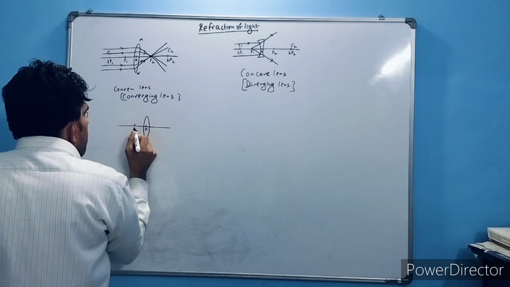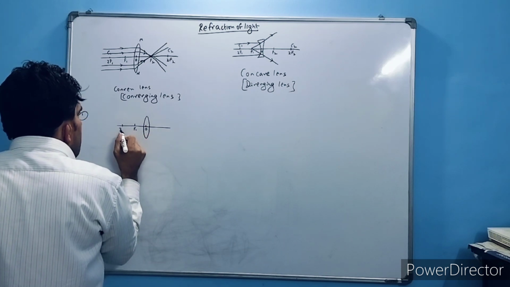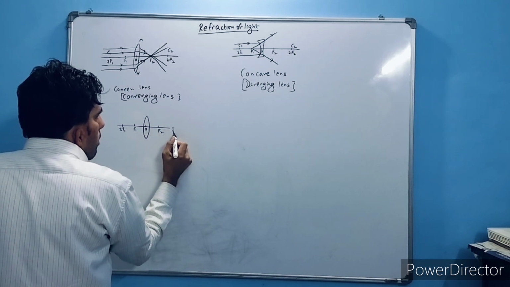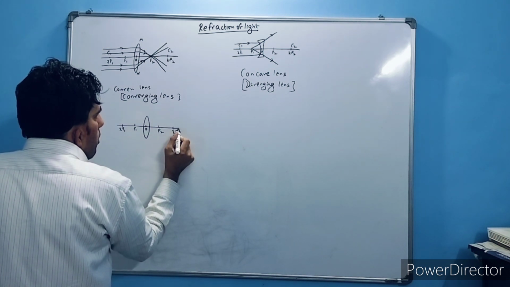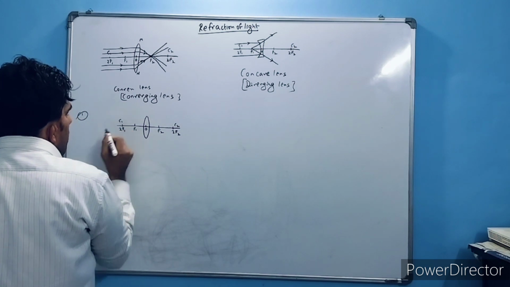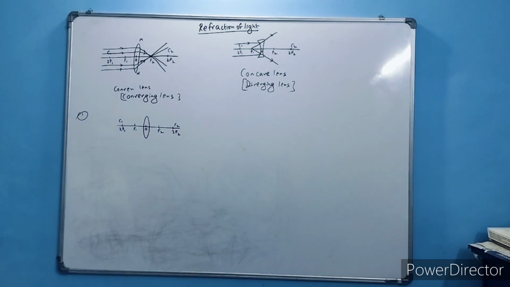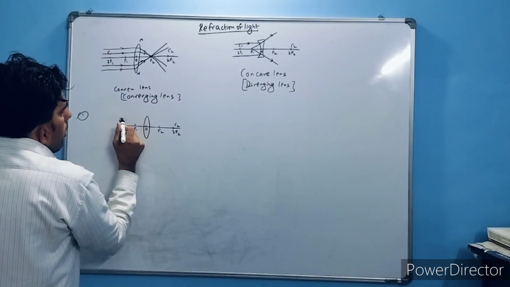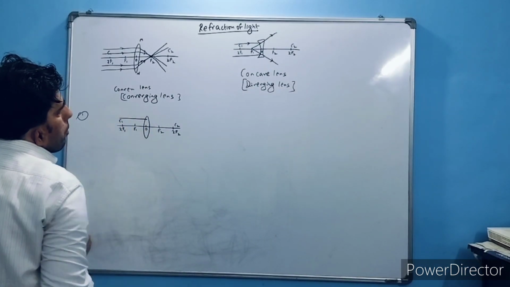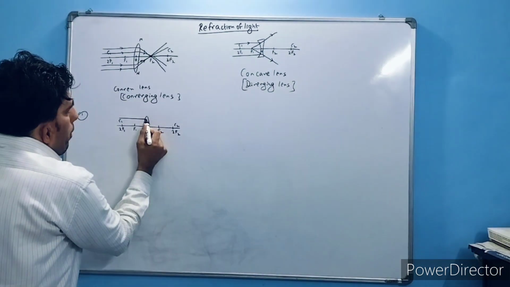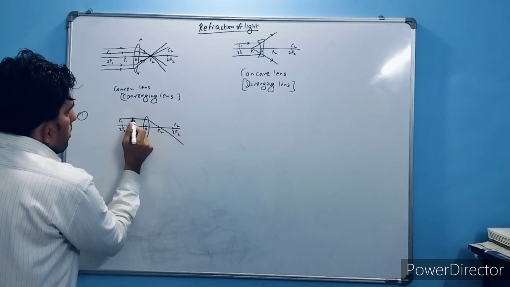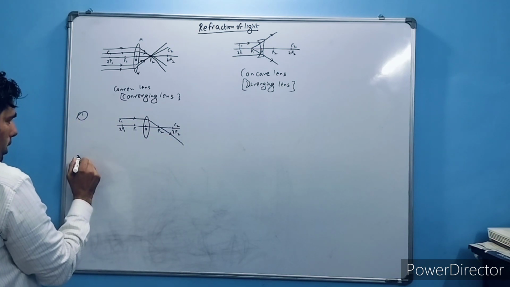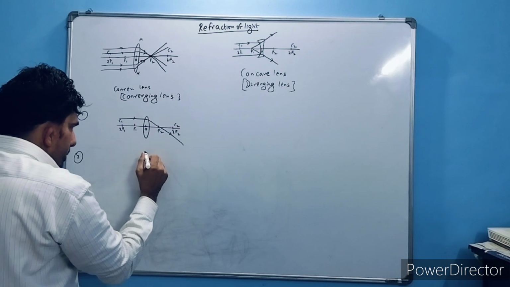Here is the optical center, C2 and C1. We can see the first principle: when a ray is drawn parallel to the principal axis, it passes through the focus. That is the first principle. Now the second principle.